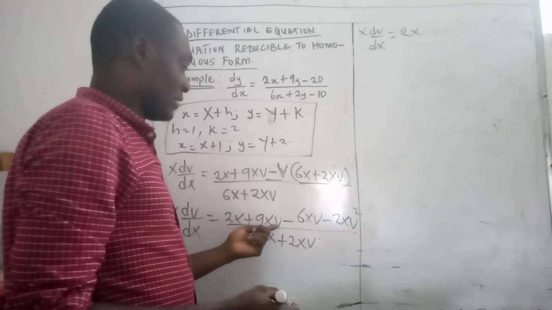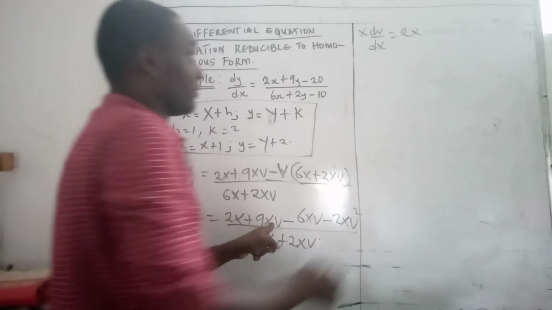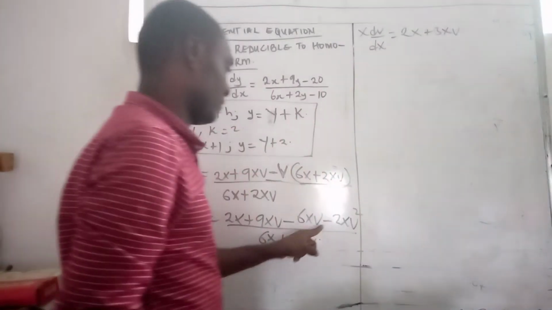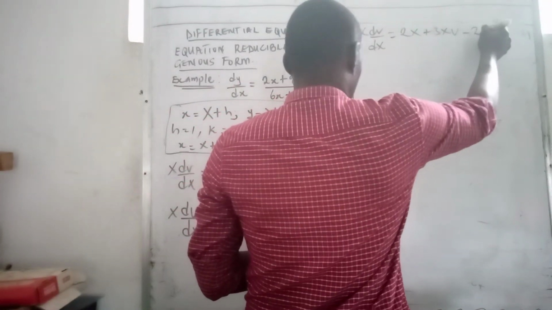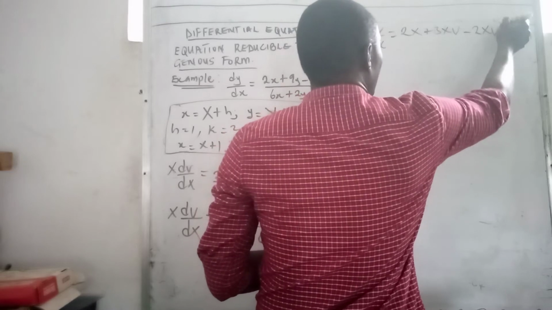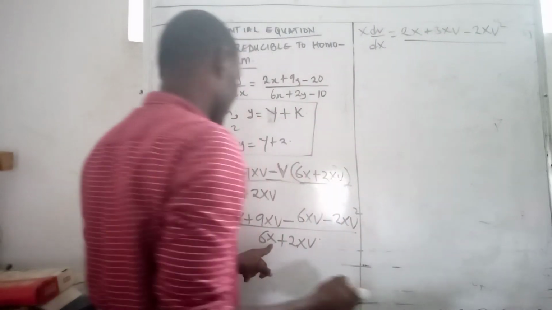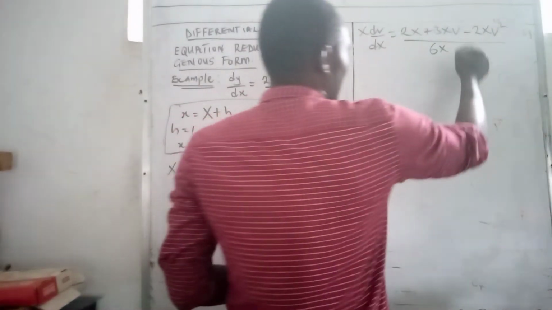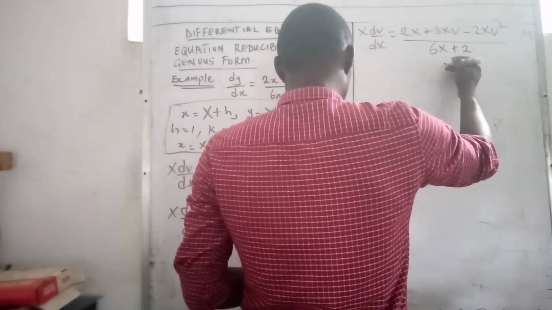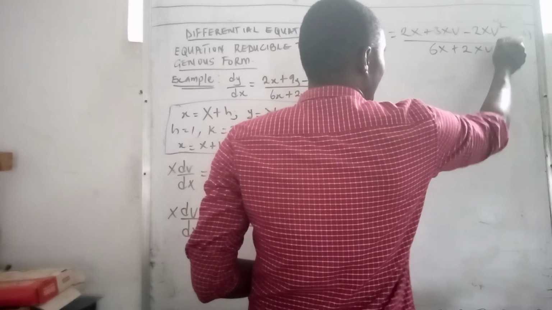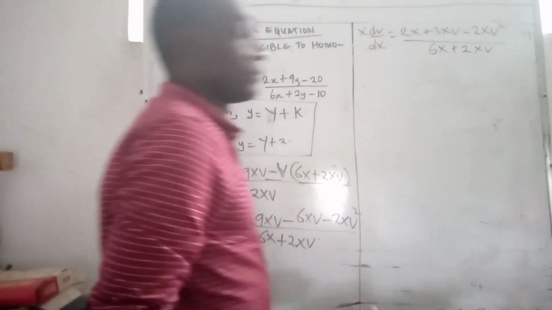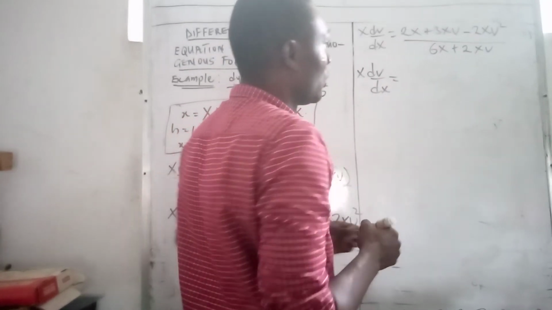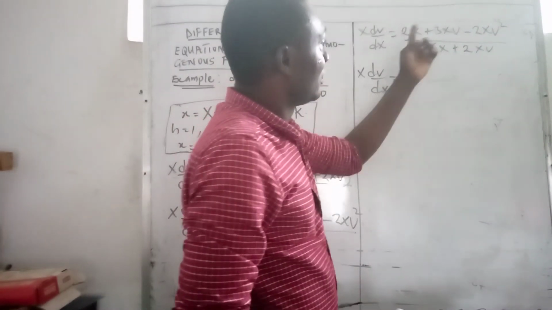So 9xv minus 6xv is going to give me 3xv, plus 3xv minus 2xv squared all over 6x plus 2xv.